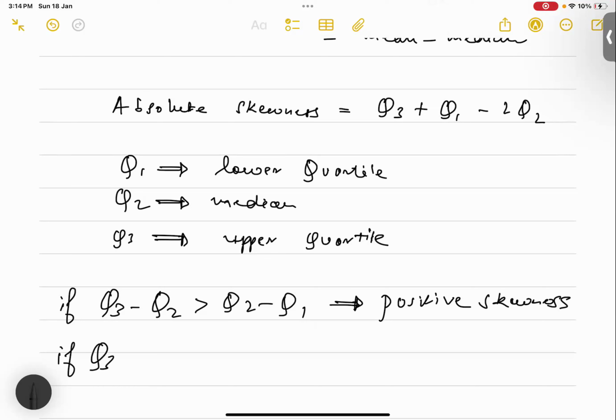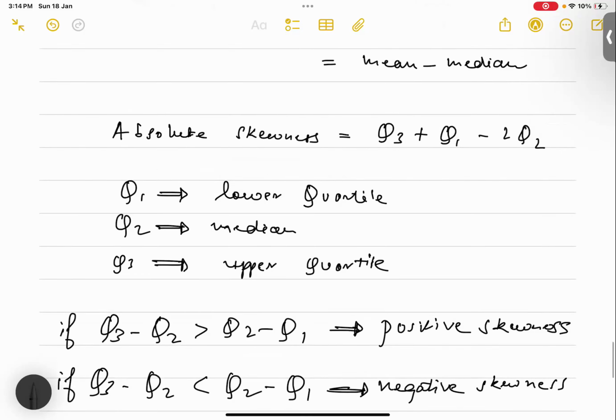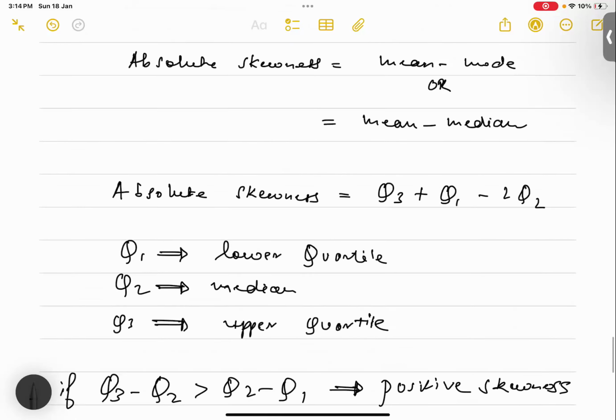And if Q3 minus Q2 is less than Q2 minus Q1, this is negative skewness. This was the absolute measure.